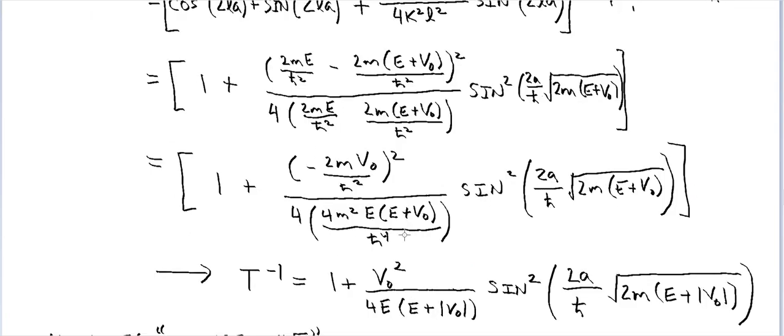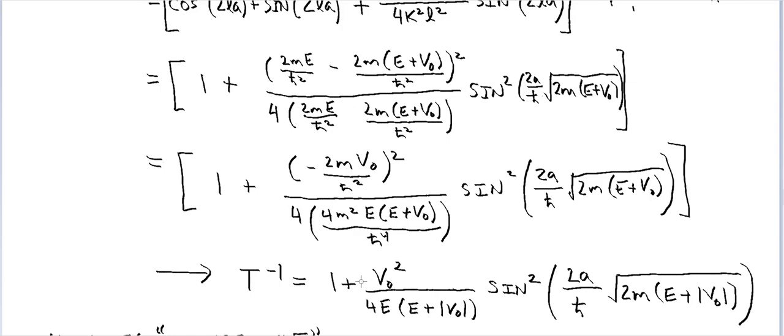Well, a lot of this clears, right? When I square this, this minus sign goes away. But I'm also going to get 4m² over ħ⁴, and notice that there is a 4m² over ħ⁴ here, and so those pieces are going to go away.